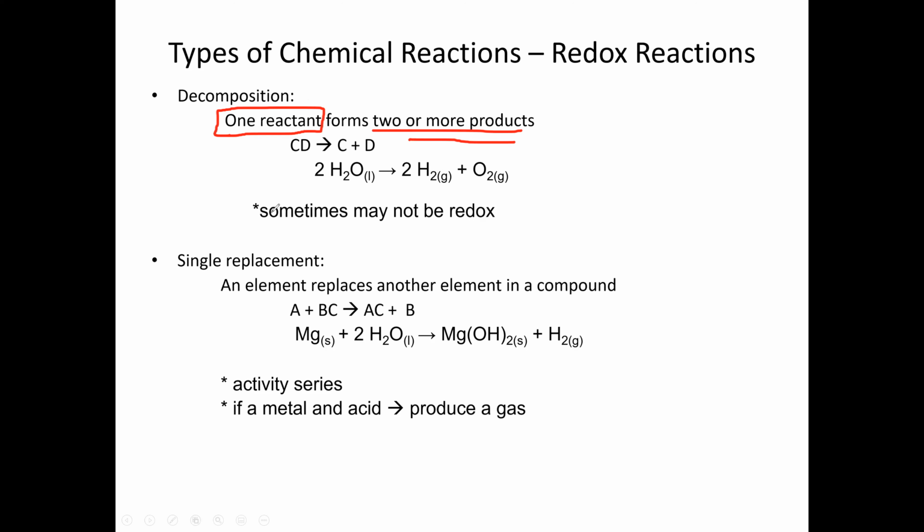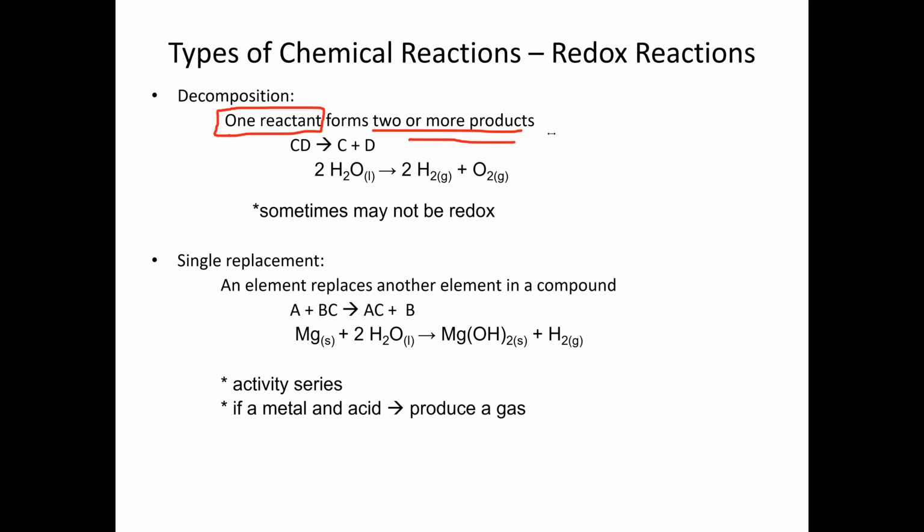Now, as you see from the asterisk, this sometimes may not be redox, for the same reason as for synthesis. I'll show you one type of reaction that is always redox and one type that is not, but this is not by any means all the different combinations of a decomposition reaction.